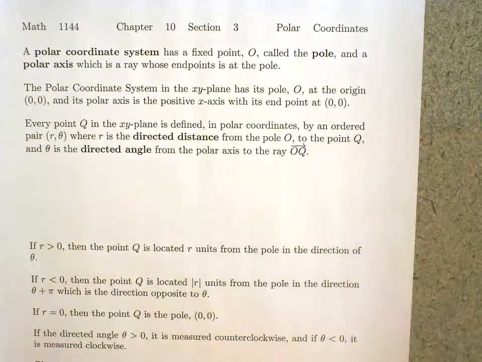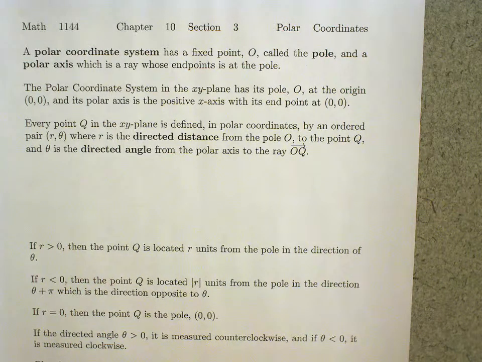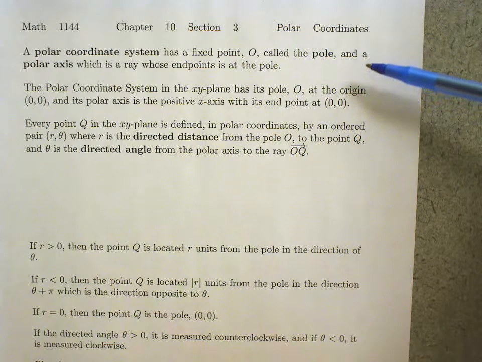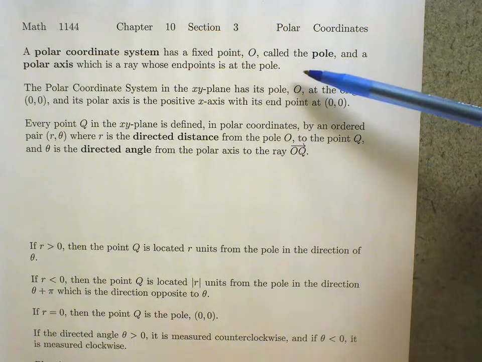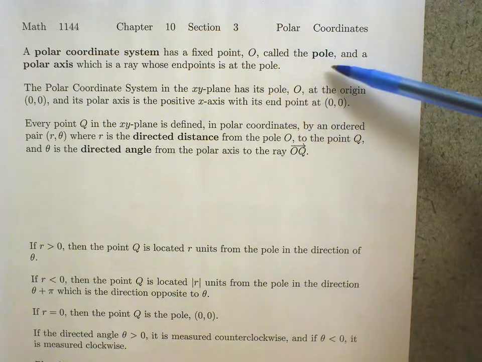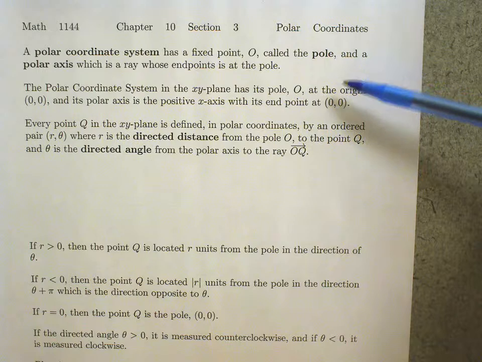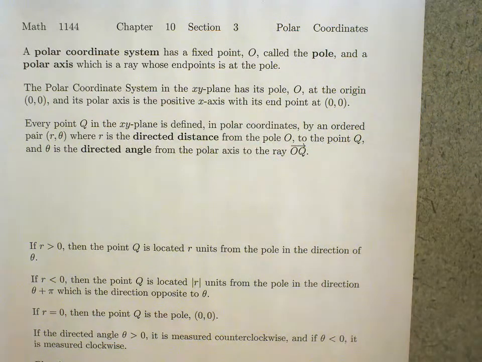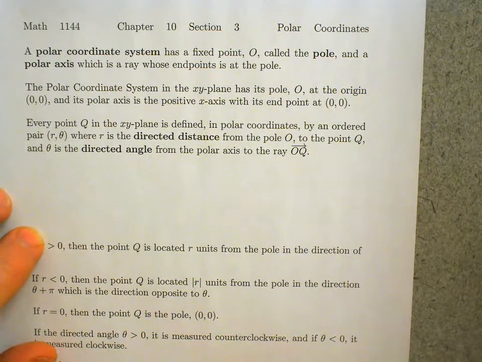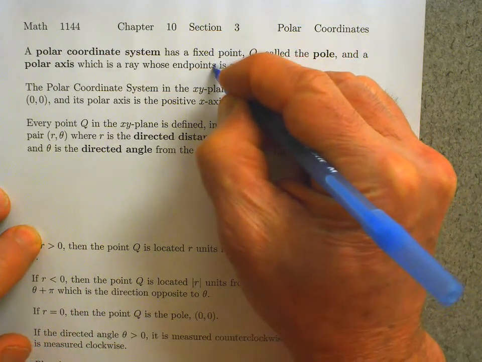In section 10.3, the topic is polar coordinates. A polar coordinate system has a fixed point, capital O, called the pole, and a polar axis, which is a ray whose endpoint is at the pole. So it only has one endpoint.